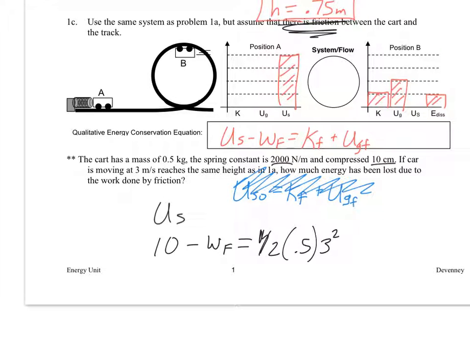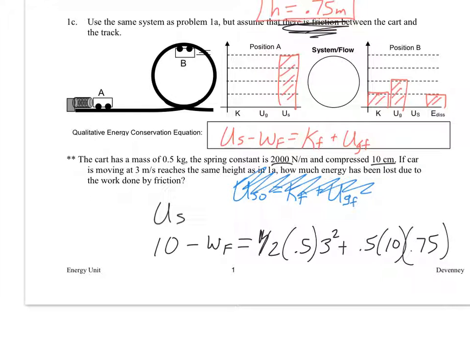It's going slower because it's lost some of its energy. And at the same height as before, our mass of 0.5 times 10 times our height that we found of 0.75. That's how high it was.